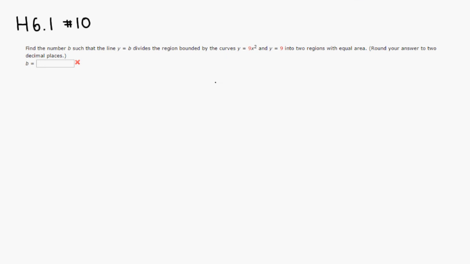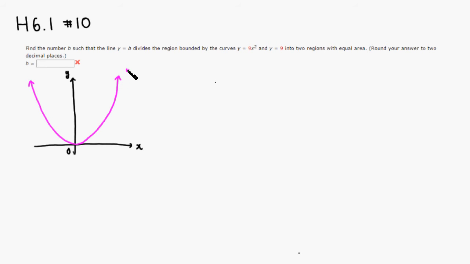First we need to find the entire area. So we want 9x squared, which is just going to be a parabola. We know how to draw the parabola. It's going to look like this, nice and symmetric.